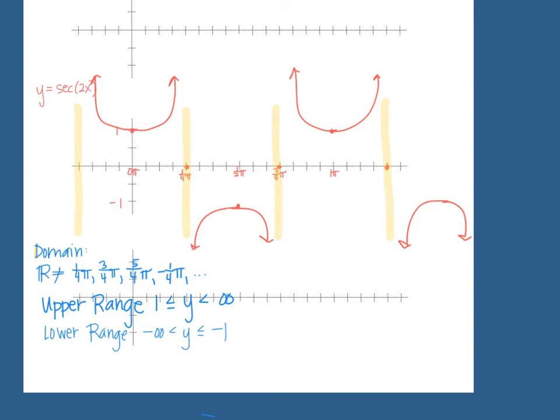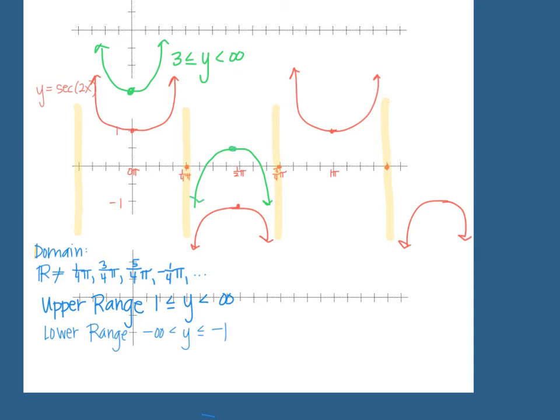If I decided to do that, I'll switch colors and I'll draw it in green. If I pulled that thing up 2 units like that, it would have a new upper range. Instead of its range being 1 to infinity, its range would be 3 to infinity. But if I pull the lower one up 2 units, that's going to pull it above the x-axis, so it would be up like here.